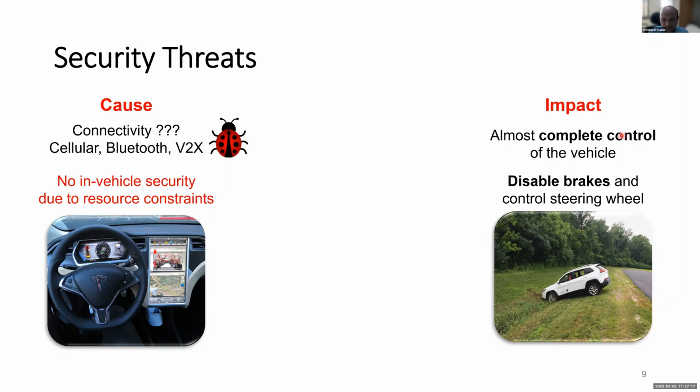For instance, they can disable brakes, or control the steering wheel. And it is not that this attack is unknown. Researchers have shown the possibility of these kinds of attacks on a variety of vehicles from top manufacturers.